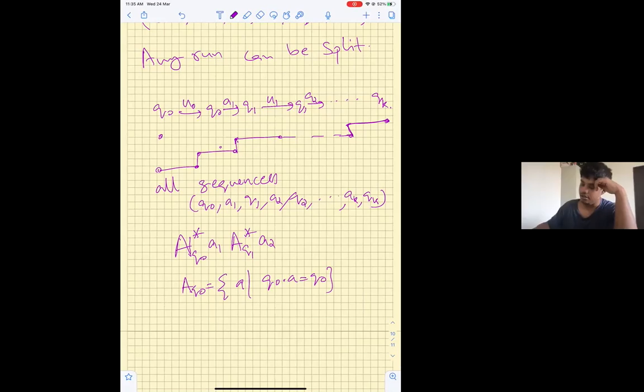Then AK, A Q K star. So union over all such sequences. This is what your regular expression is.